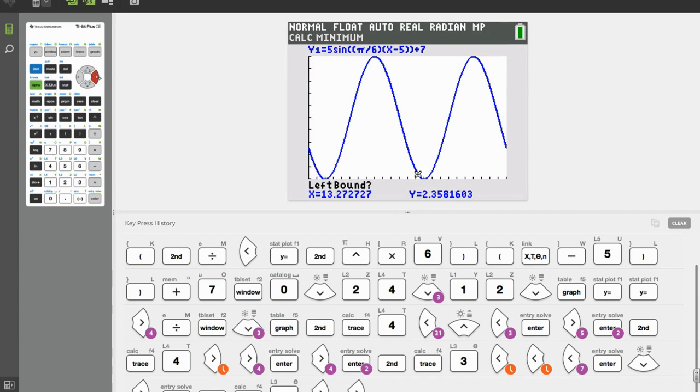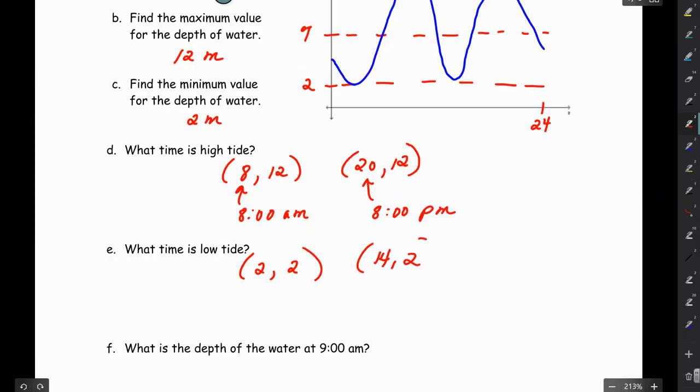A little to the left, hit enter, to the right, hit enter, guess, hit enter. We get a value of 14.2. So the first value means 2 o'clock a.m. And then the 14 occurs 2 hours after noon. So that's 2 o'clock p.m.